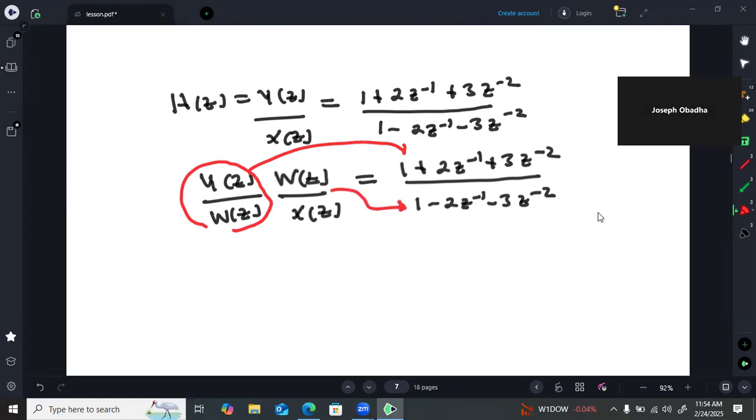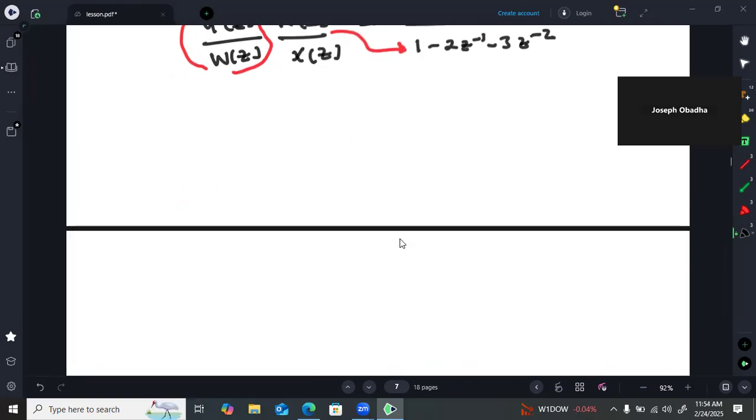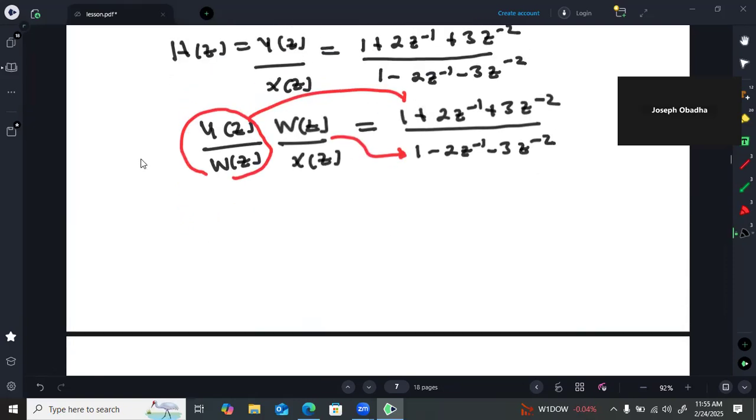So that we have Y of z over W of z equal to 1 plus 2z negative 1 plus 3z negative 2.